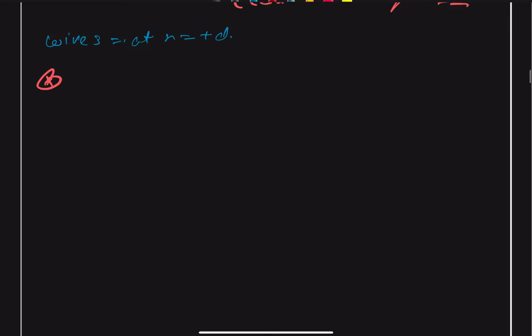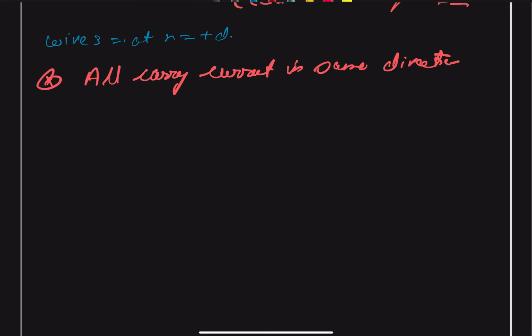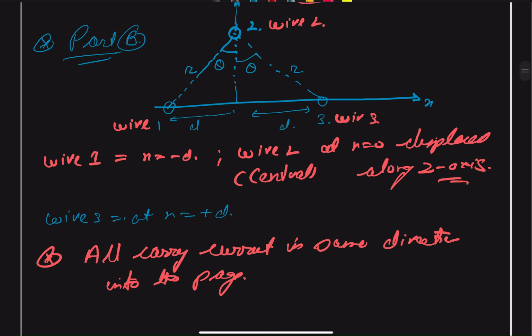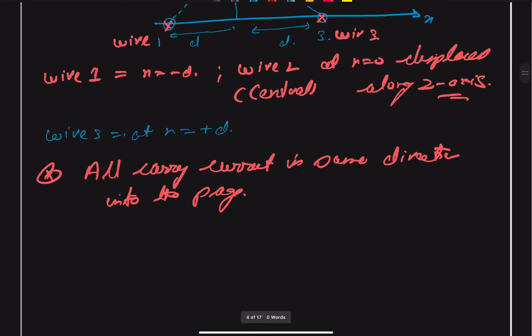So all carry current in the same direction, let us say into the page. So this is basically the direction of the current. And we have to find out whether wire 2 specifically is going to execute SHM or not.